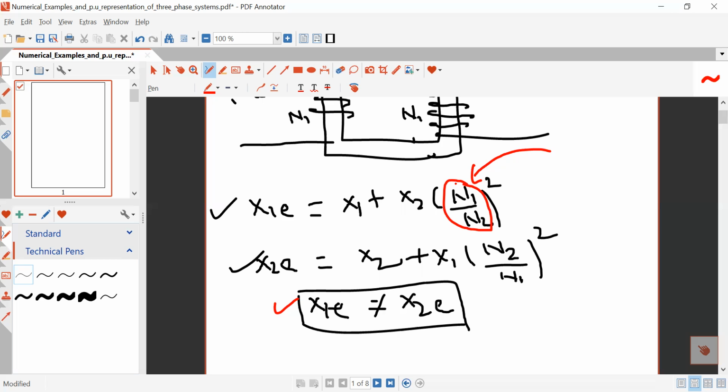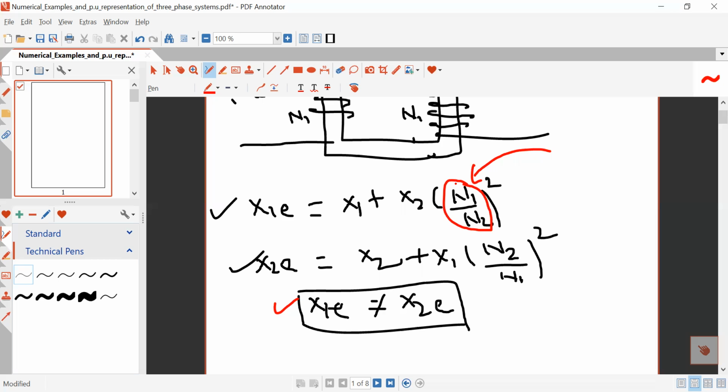This referring process is not possible without knowledge of the turn ratio. You cannot refer secondary reactance to the primary side or primary reactance to the secondary side without it. So turn ratio is very important when you are doing calculation in conventional units, in ohms.